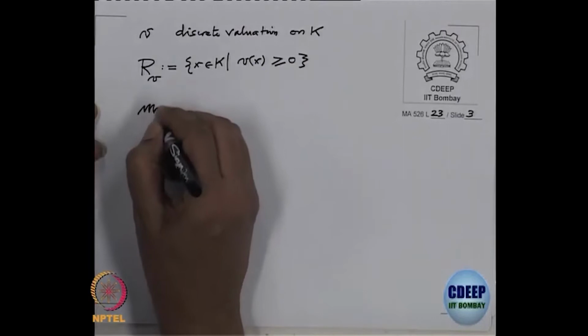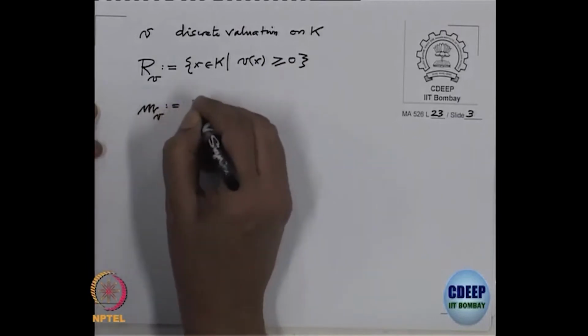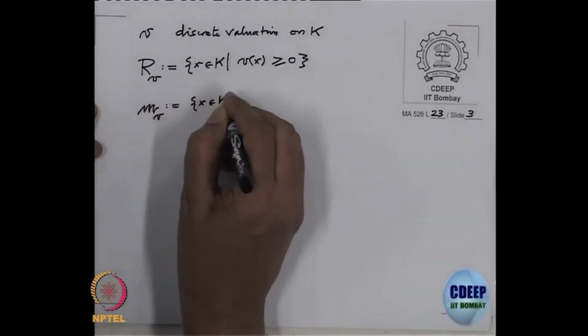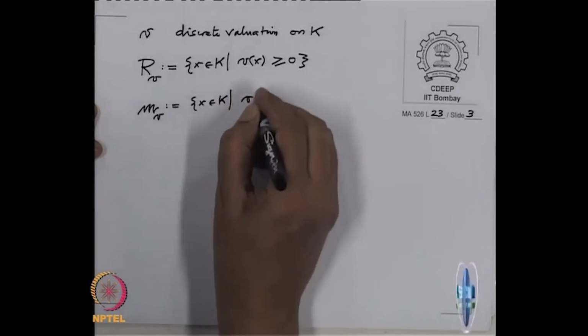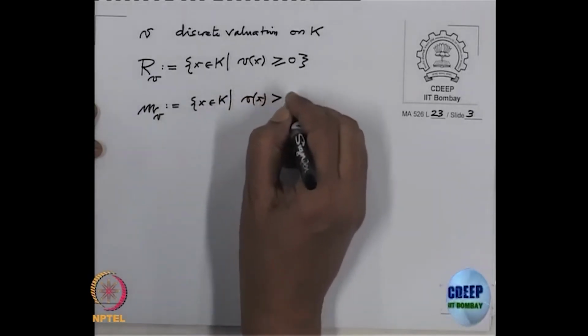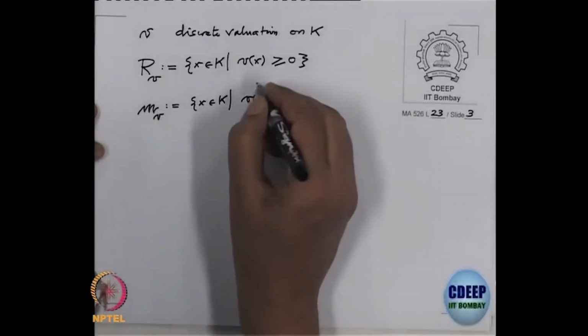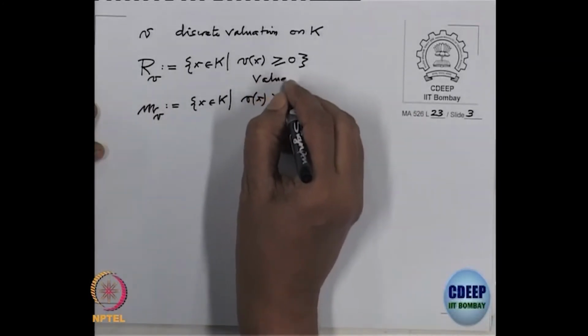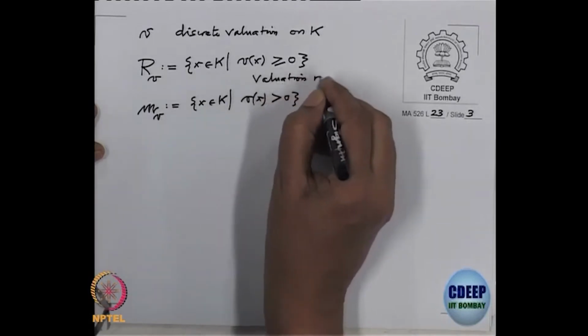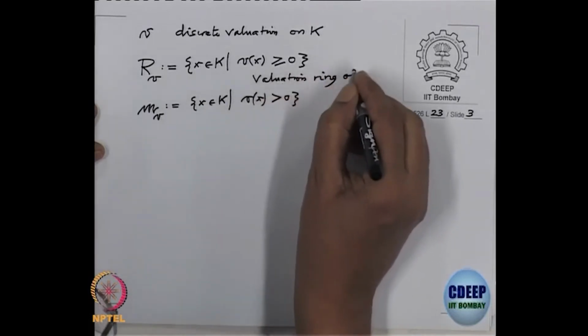And MV is all those x in K such that V of x is strictly bigger than 0. Then I want to note that this RV is called the valuation ring of V.